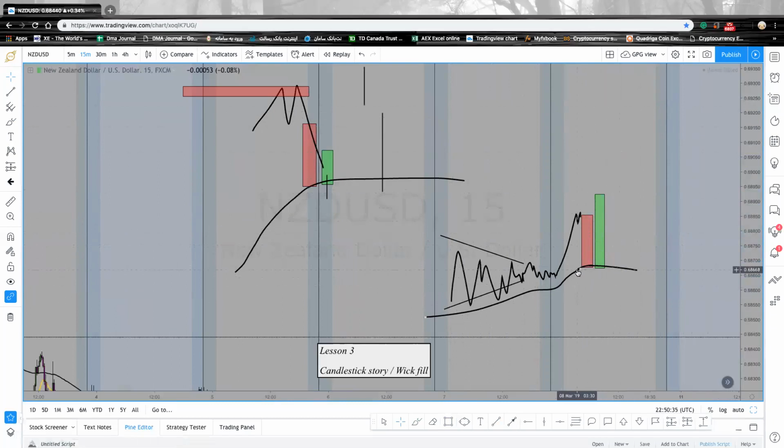But if you saw that, okay, the EMA was broken, price closed below, that's when you can say, okay, I'm going to enter the trade right now. You know, it can close like this.